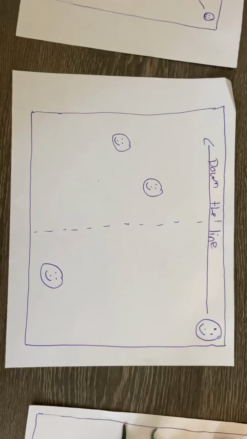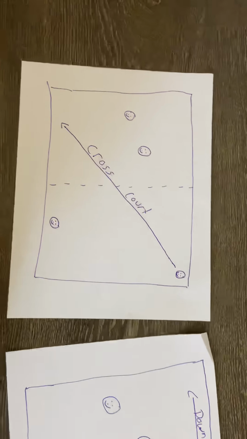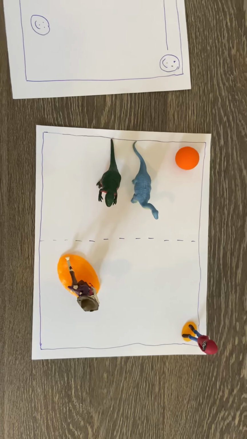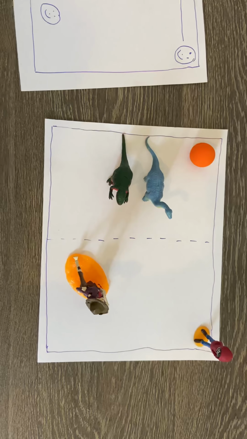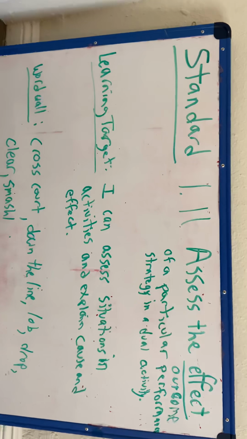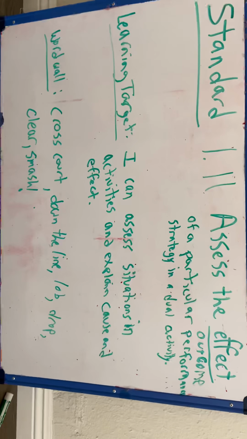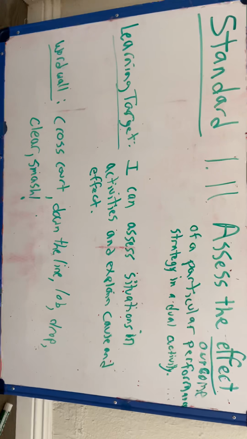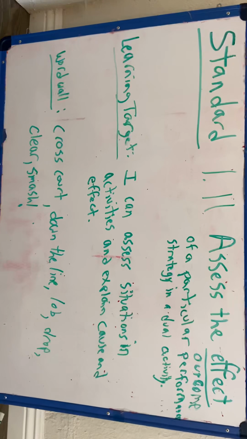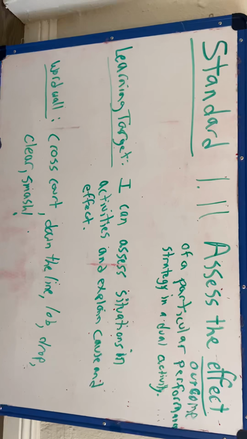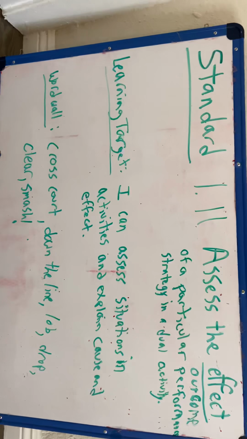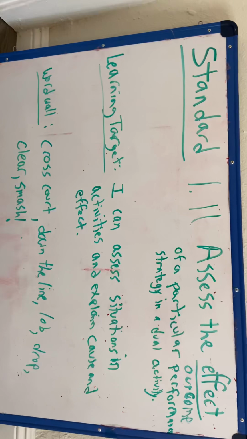So obviously these are very simple. You can be way more creative than me. These are the toys I chose to use today. At the end of the day, I just want to see an example of lob, drop, clear, smash, or any other tennis, pickleball, badminton strategy or situation. Cause and effect. So if they go there, then they go there.